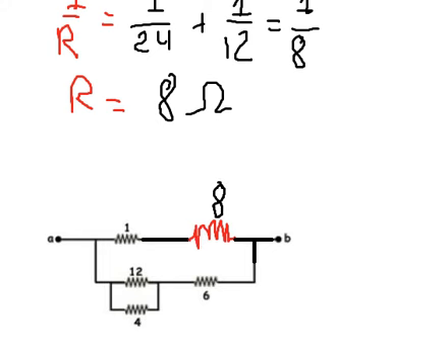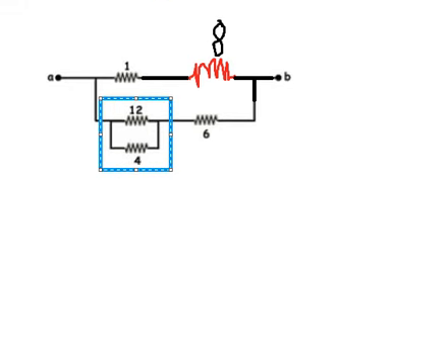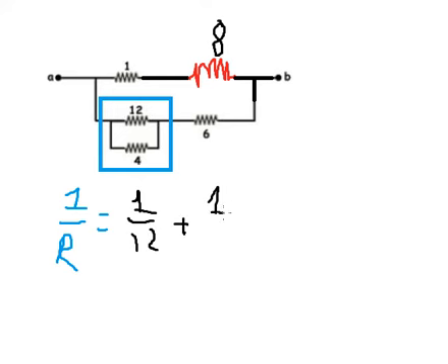Now let's go to this location in here. We see that two resistors, they are parallel. So we can use the same formula. 1 over R equals 1 over 12 plus 1 over 4. We sum two numbers together and we got 1 over 3. So the blue one should be equal to 3 ohms.